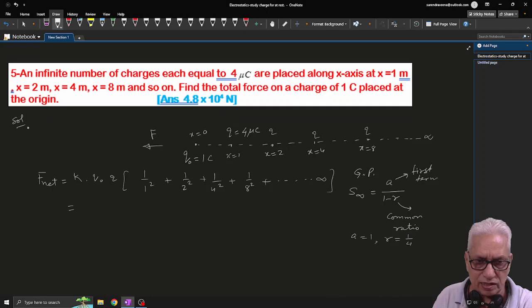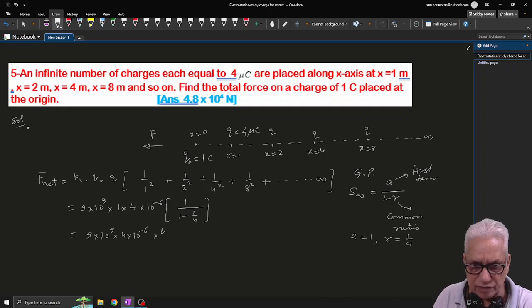If we put all the values here, K will be 9 into 10 power 9, Q naught is 1 coulomb, Q is 4 microcoulomb, and A upon 1 minus R. It means here 9 into 10 power 9 into 4 into 10 power minus 6, 1 upon 3 by 4, just reciprocal of this is 4 by 3, we can cancel out, we are getting 16, 3 is 48 into 10 power 3, can be written like 4.8 into 10 to the power 4 Newton.